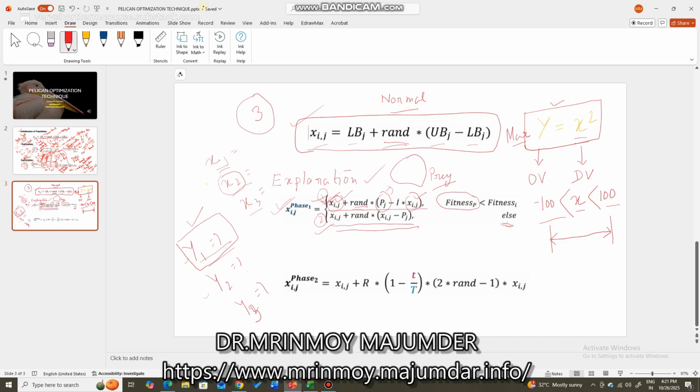Now exploration, in the exploration phase, what will happen? You will find either the same 3 values of x, or within 3 one is a new value of x and the other 2 are the same, or 2 values of x are new and the third one is the same, and so on, based on this check. Okay, this is the check.